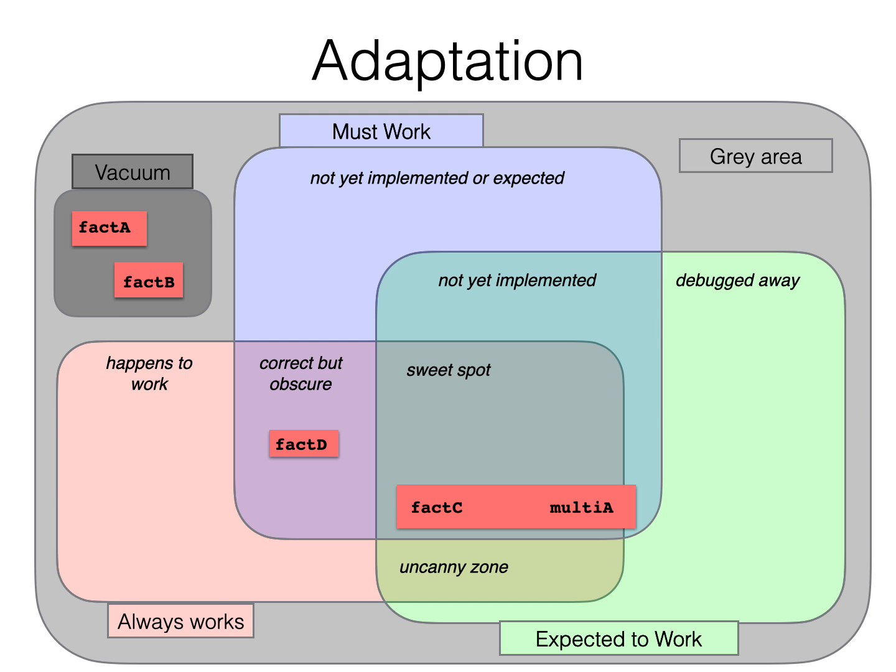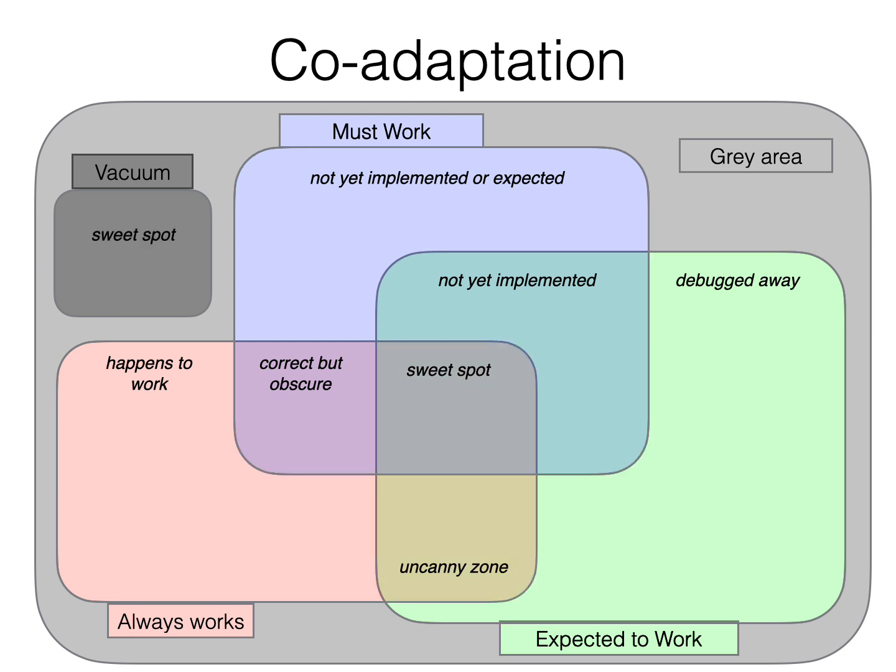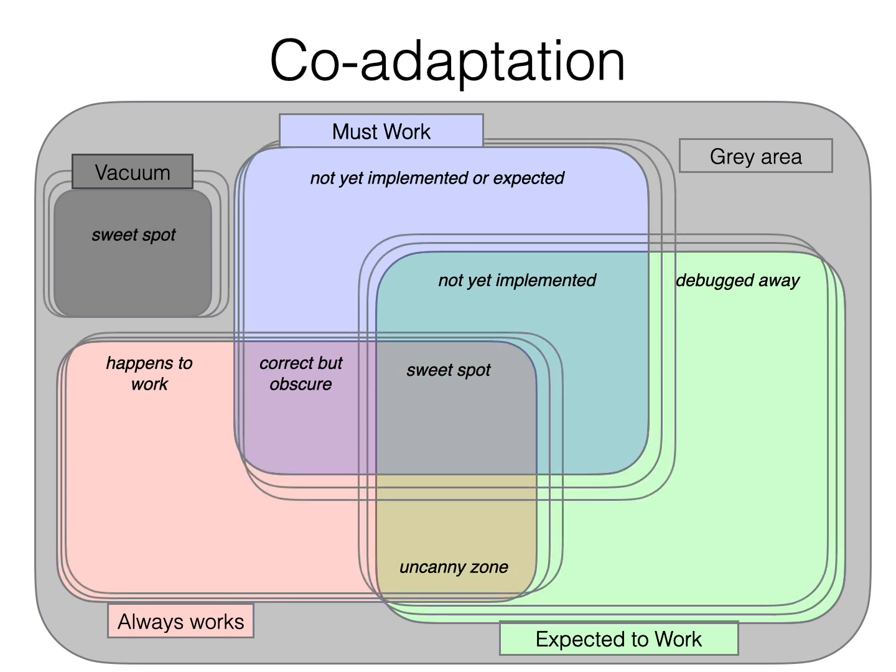So whether the uncanny zone gets smaller or bigger is not really that predictable ahead of time when you try to meet user expectations, because now the expectations that are formed by yet newer programmers will be different.